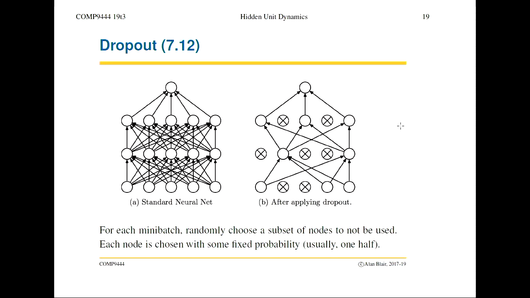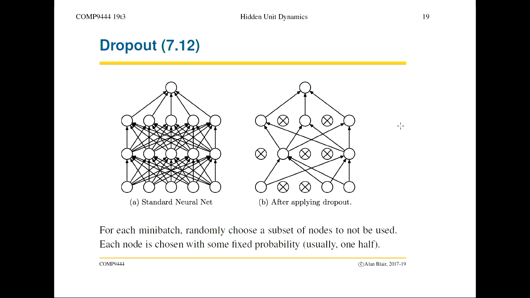When I'm testing the network, or when I'm deploying the network after it's been trained, all the nodes are active, but the activation of each node gets multiplied by a factor that's the same as the dropout factor. So if during training 50% of the hidden nodes were dropped out, when you're deploying, all nodes are active, but every node has its activation multiplied by 0.5.